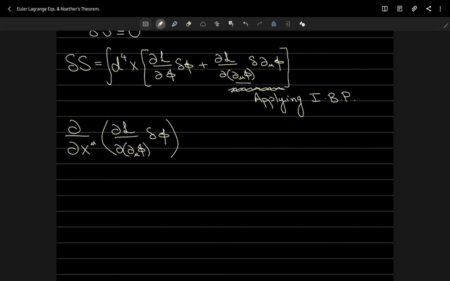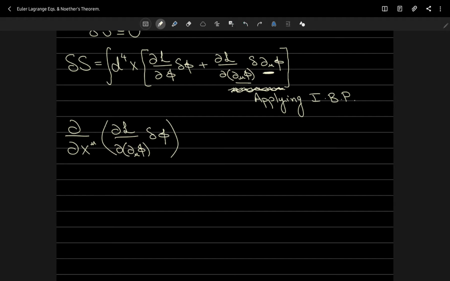We are just taking this partial mu outside, because it is a partial derivative, and we already know that partial derivatives commute with each other. Also note that partial derivatives not only commute with each other, but they commute with variations as well, so they commute with this delta phi.